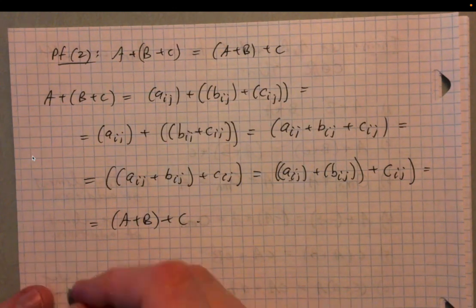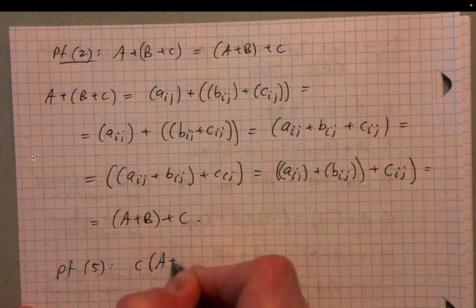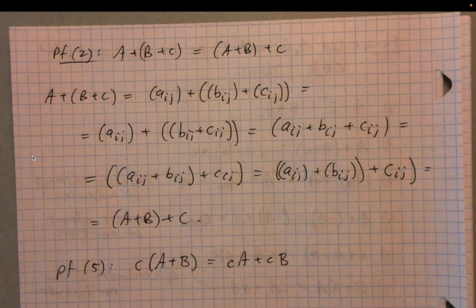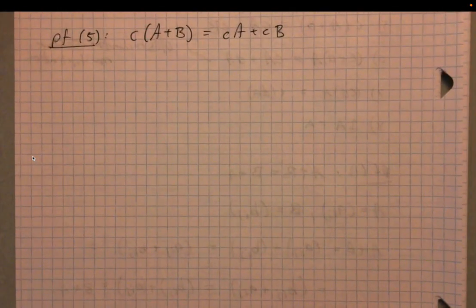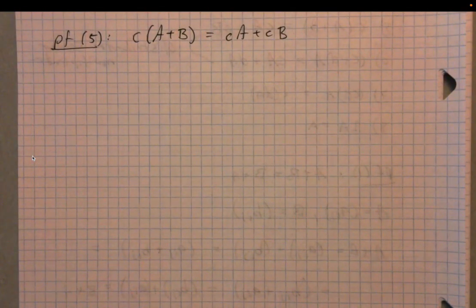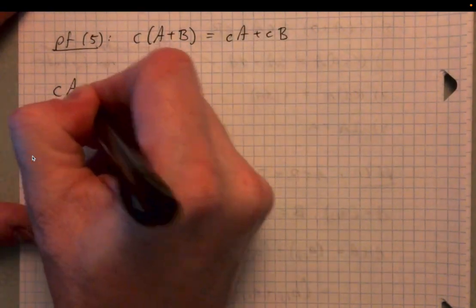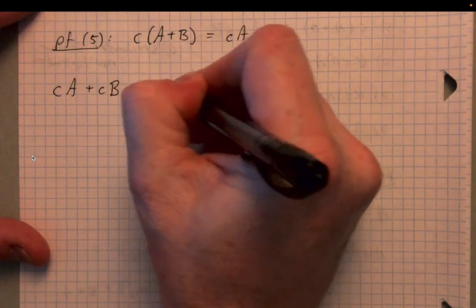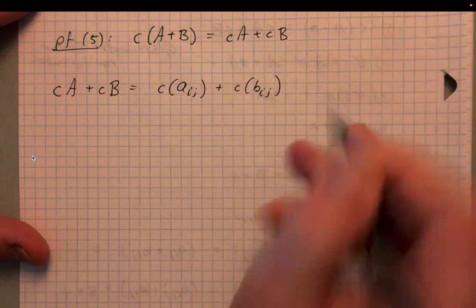And then let's try one more. Let's try a proof of item 5. So 5 says that I can do this: C times (A plus B) equals C times A plus C times B. Let's look at that one. We'll start with this side over here, actually. So we'll say C times A plus C times B. Well, we know that that is just C times [aij] plus C times [bij].